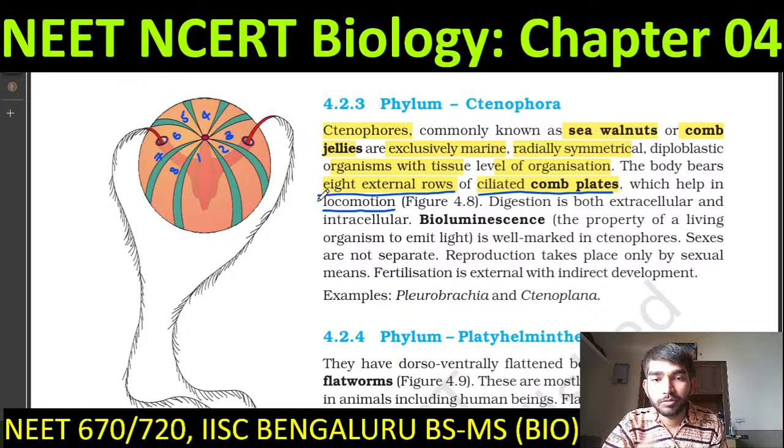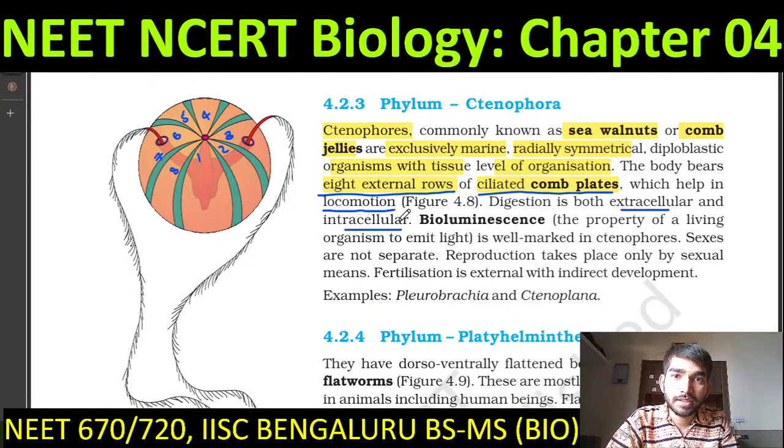So this helps in the movement, and digestion is extracellular and intracellular, so it will happen both. Some part of it will happen outside the cell, then whatever glucose or metabolite is there, after the initial digestion it will come inside the cell and be further converted to energy, ATP currency. Then this is a key point here.